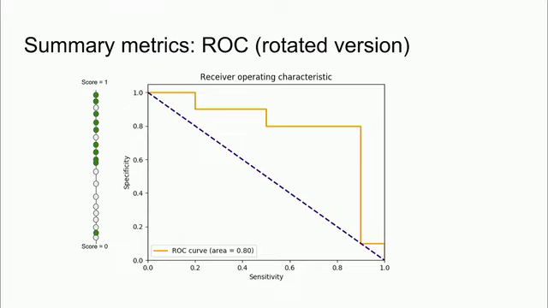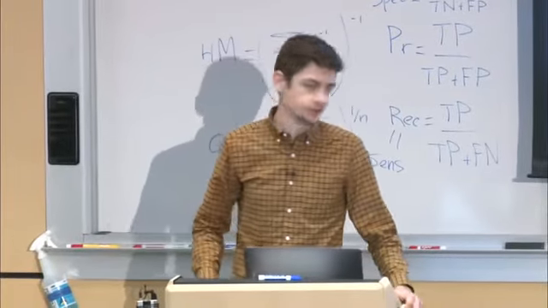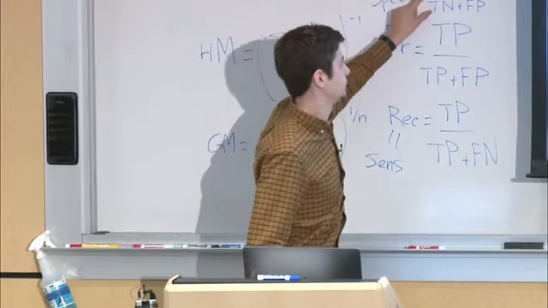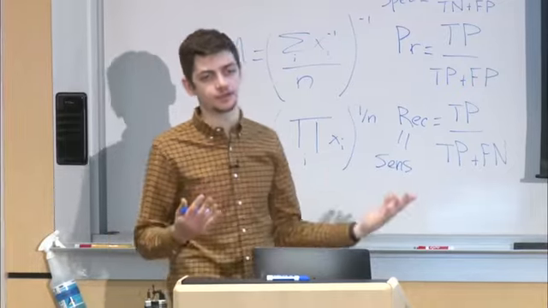You might instead see a slight variant of this curve where people plot the true positive rate versus the false positive rate. That effectively just rotates this curve 90 degrees, but it gives you the same impression. False positive rate is just 1 minus the specificity, so it's the number of false positives divided by the true negatives plus false positives. It's how many of your negatives you got incorrect.